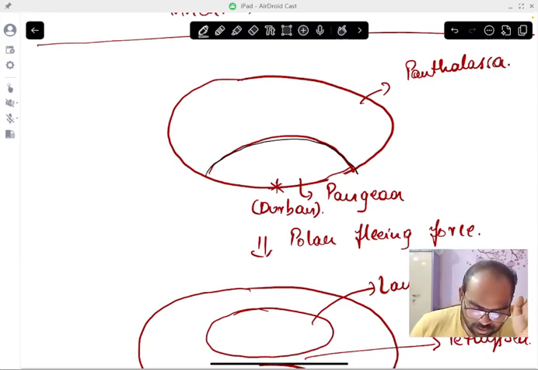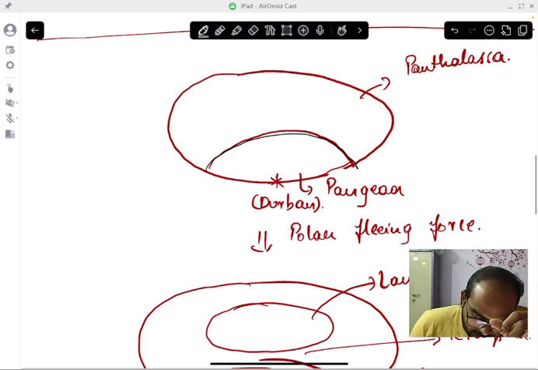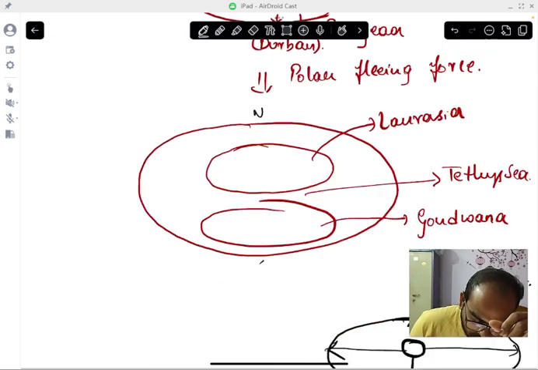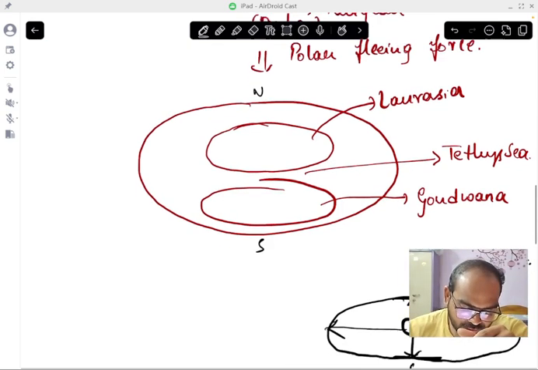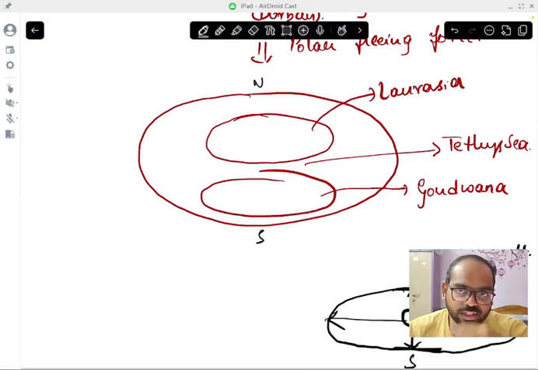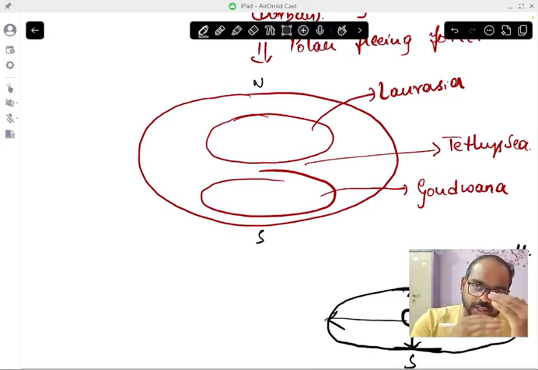The polar fleeing force acted in both northern and southern hemispheres. This is what Alfred Wegener said. That's why Pangaea got divided into Laurasia and Gondwana.